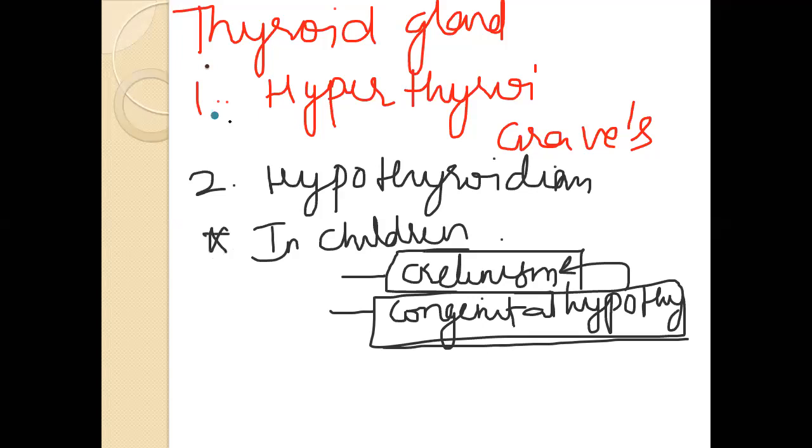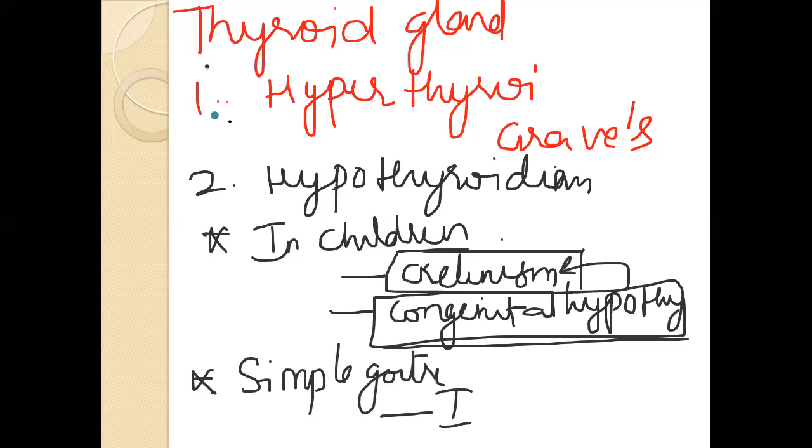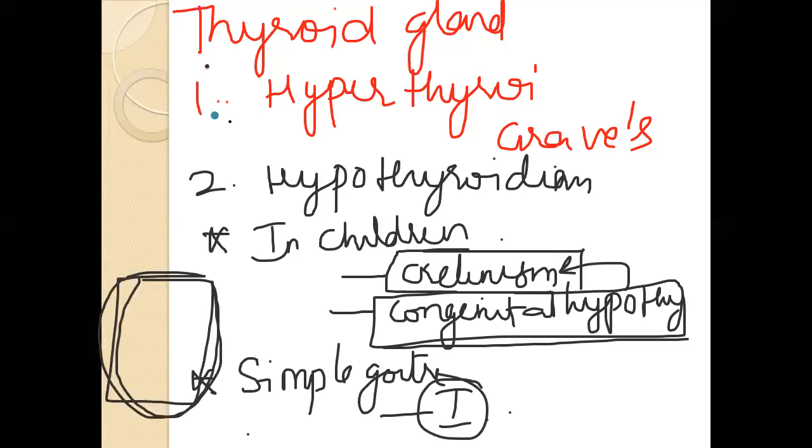Another one is simple goiter. In case of simple goiter, there is nutritional deficiency or deficiency of iodine. Tyrosine is available, but iodine is not available. So slowly the follicular cells will start to increase in size. The thyroid gland in the neck region shows maximum increase in size, and we say simple goiter.